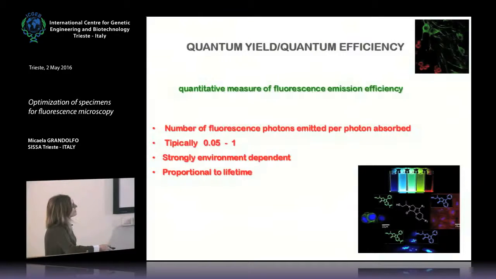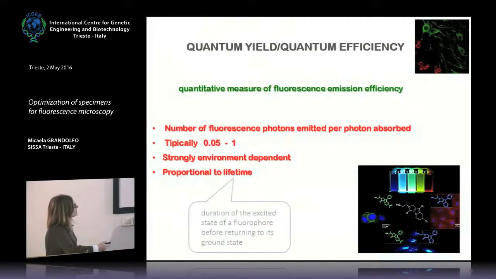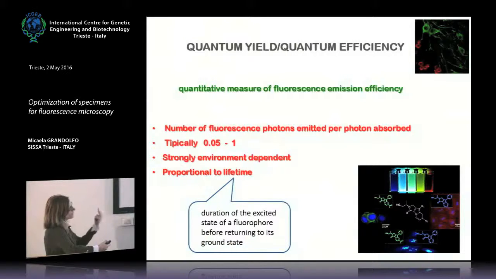So this number ranges between 0.05 and 1. So the maximum is 1 photon emitted per 1 photon absorbed. It is strongly environment dependent and it is proportional to lifetime.